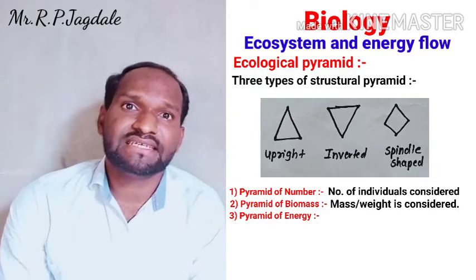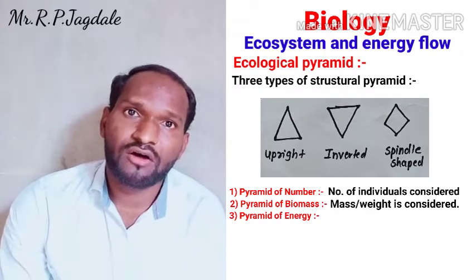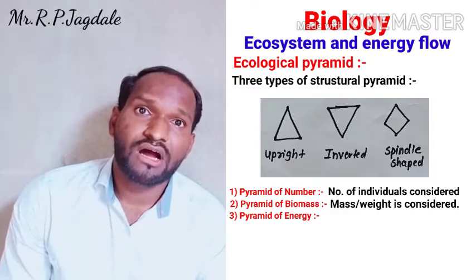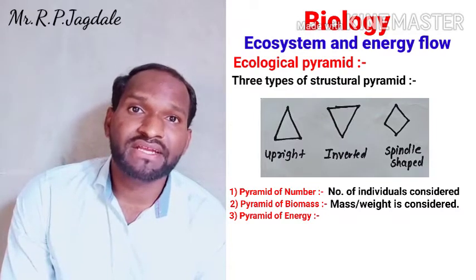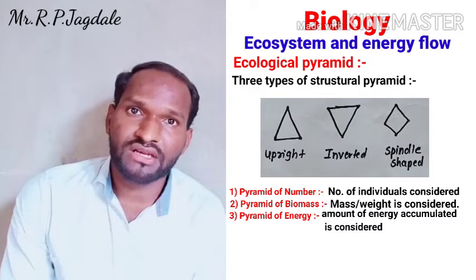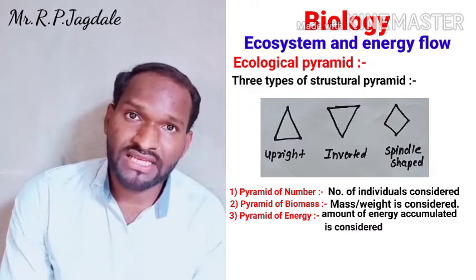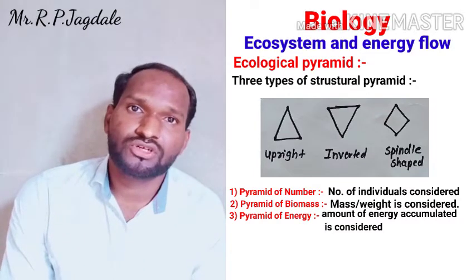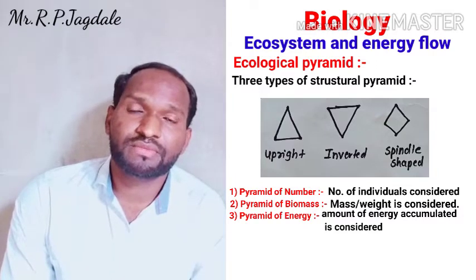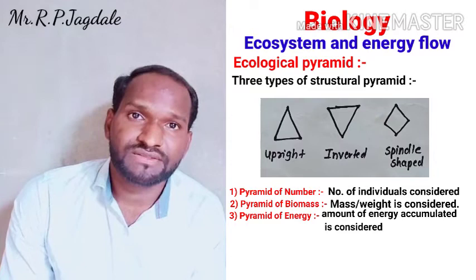And third is the pyramid of energy. In the pyramid of energy, the amount of energy accumulated is considered. Here, how much energy is accumulated by the organisms is considered. So we are going to study these three: pyramid of number, pyramid of biomass, and pyramid of energy.